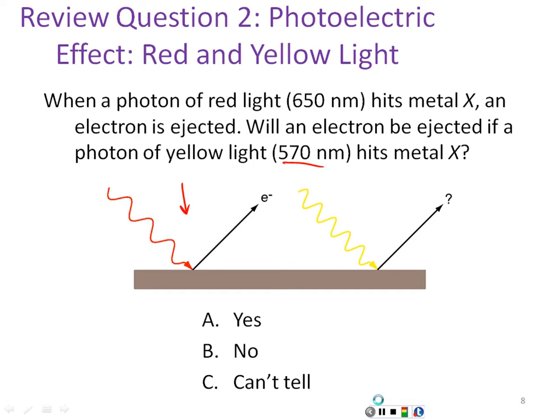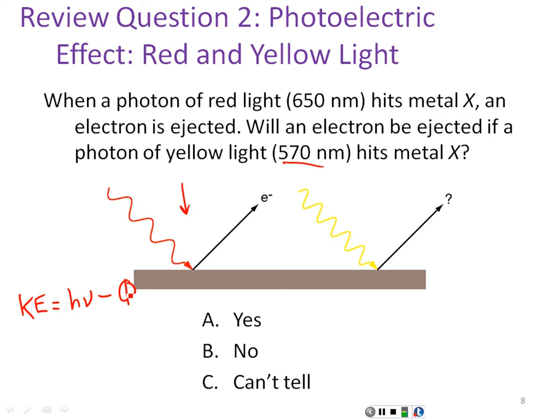All we have to remember is the equation for the photoelectric effect, and that is kinetic energy equals h nu, so the energy of the light that we're shining on the metal, minus phi, or the work function for that metal.